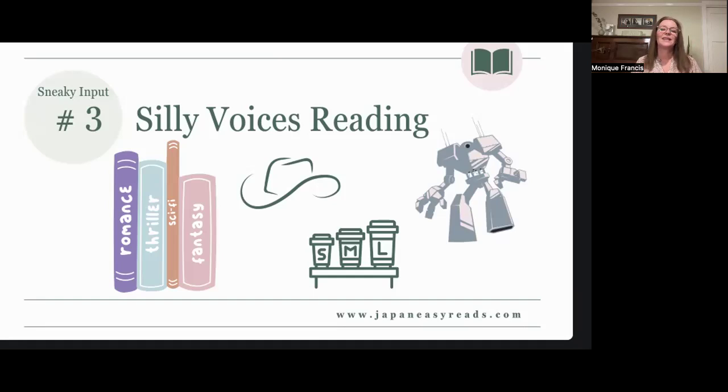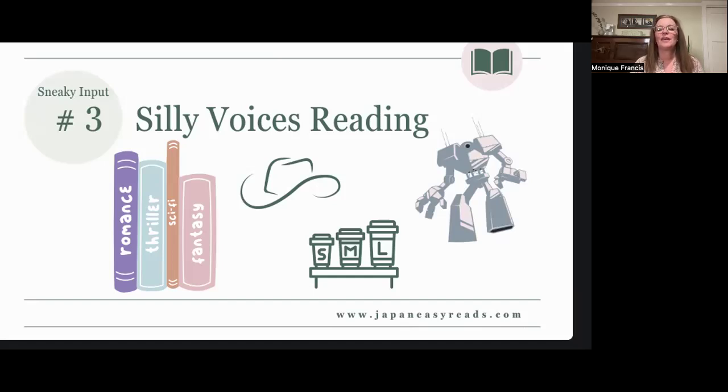So choosing a different voice, some of the ones that I have found to be lots of fun: big voice, small voice, scary voice, romantic voice, and robot voice. You could also do a Great Western voice, or a Tinkerbell voice.